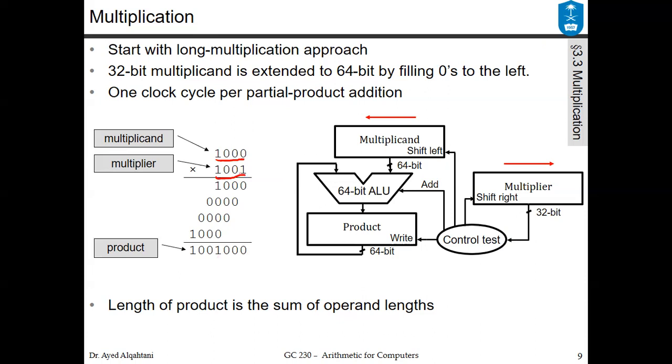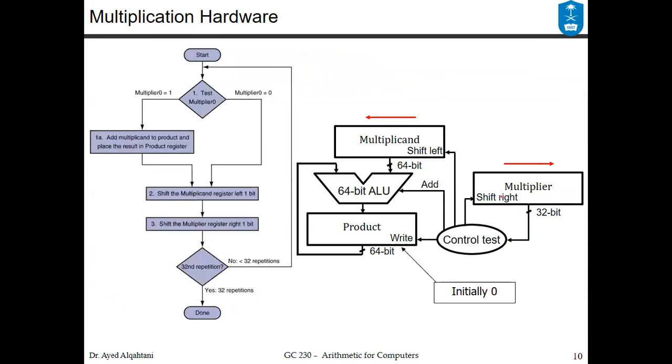Now, this is the hardware that is going to emulate this multiplication operation. To understand this hardware, we initially have zeros in the product. Then we start this algorithm by testing the least significant bit of the multiplier that we copy here.